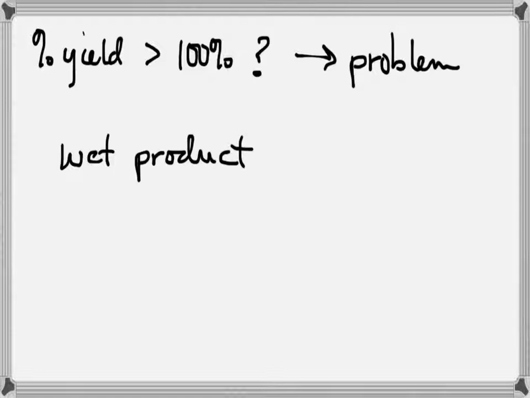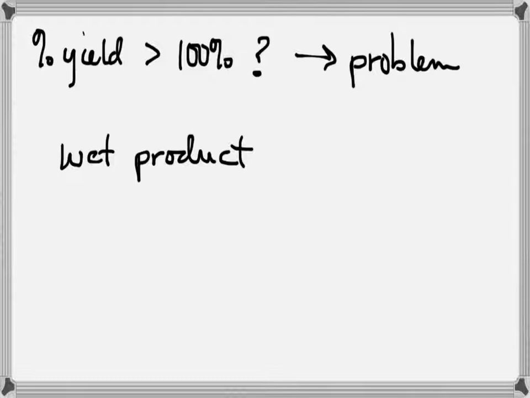Now, we made calcium phosphate in lab on Friday, and I know at least one person, we were drying it in the oven, got theirs to the point where it looked dry. And then they weighed it on the balance, and it weighed a lot more than it should have weighed. It looked dry, but I would bet you money that when we go in there next Friday and weigh that same sample, it weighs a lot less.